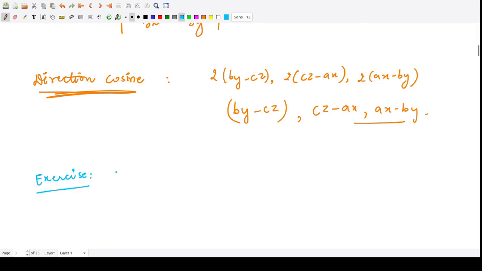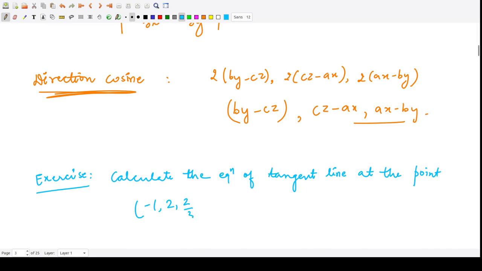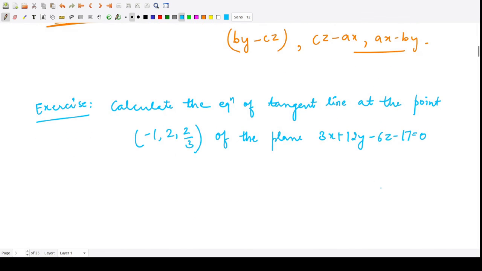You are to calculate the equation of tangent line at the point -1, 2, 2/3 of the plane 3x plus 12y minus 6z minus 17 is equal to 0, and the conicoid 3x square minus 6y square plus 9z square plus 17 is equal to 0.